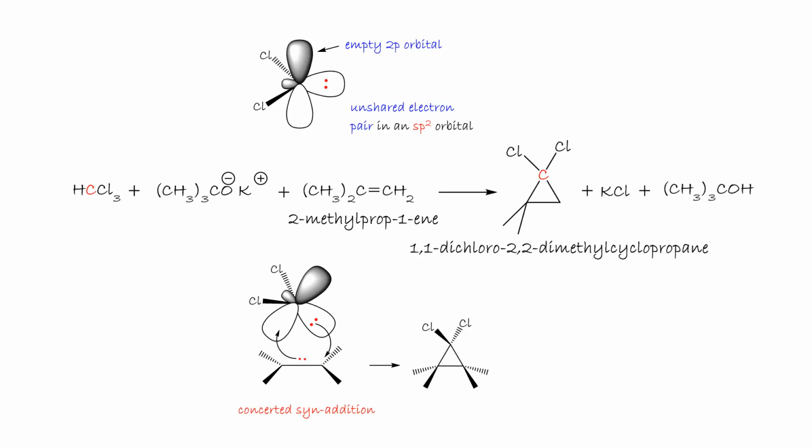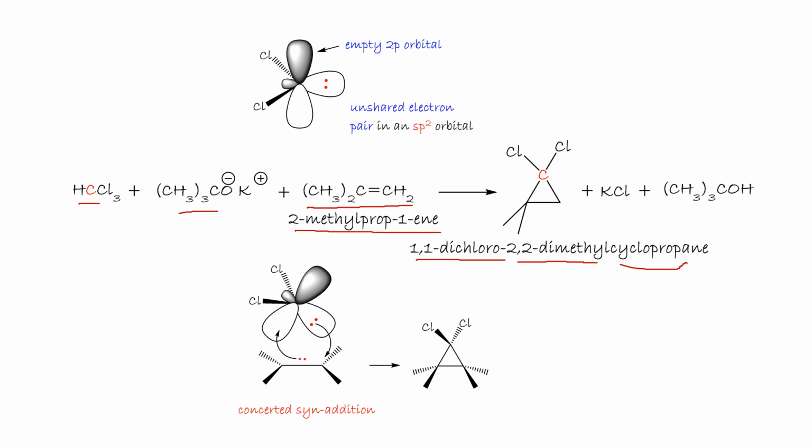The presence of carbene is clearly shown when we react it with an alkene. Like here, we start with chloroform, potassium tertiary butoxide, and 2-methylprop-1-ene. What we got is 1,1-dichloro-2,2-dimethylcyclopropane.